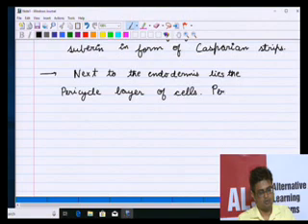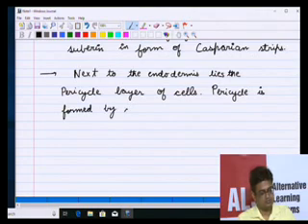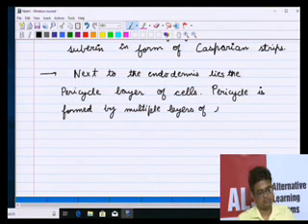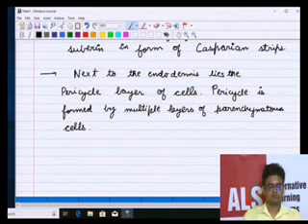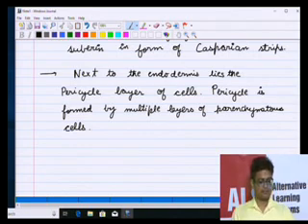Pericycle is formed by multiple layers of parenchymatous cells, okay.